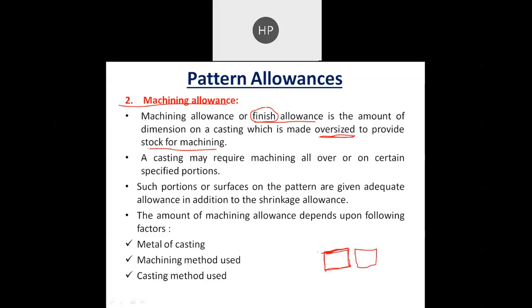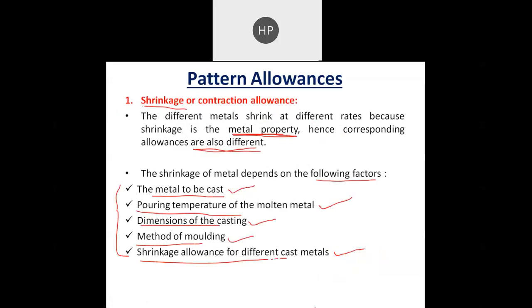Because some layer of the metal will be removed for the finishing. And if you remove that material, then your final size is not what you require exactly, but it will be undersized. So to compensate that, what we do is we make the object oversize.